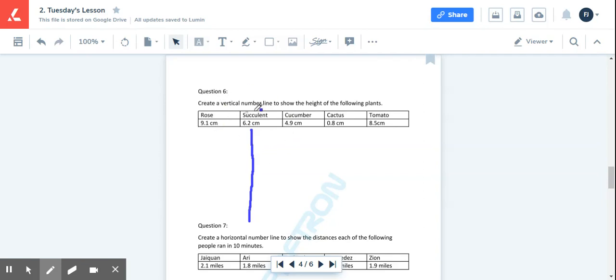Now, when you're creating a vertical number line, it's absolutely important to make sure that you are labeling. So our first point is going to be 8/10 centimeters. That's our cactus.